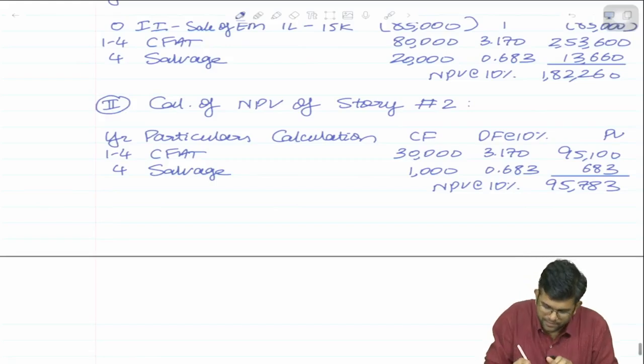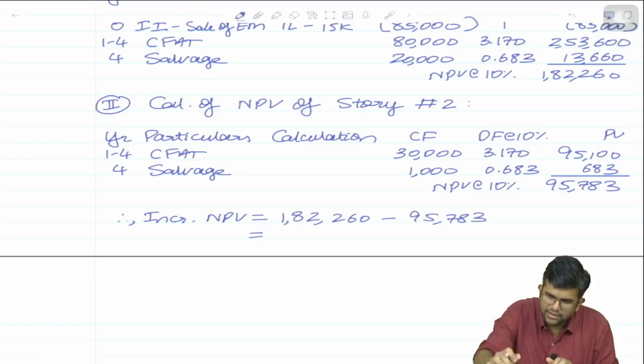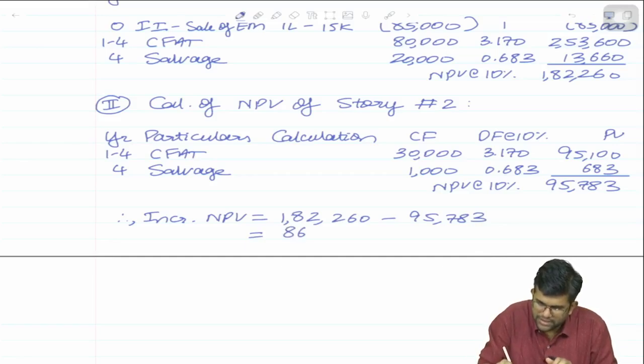We will say here, therefore incremental NPV will be 182,260 minus 95,783. Okay, 182,260, and this comes to 86,477.